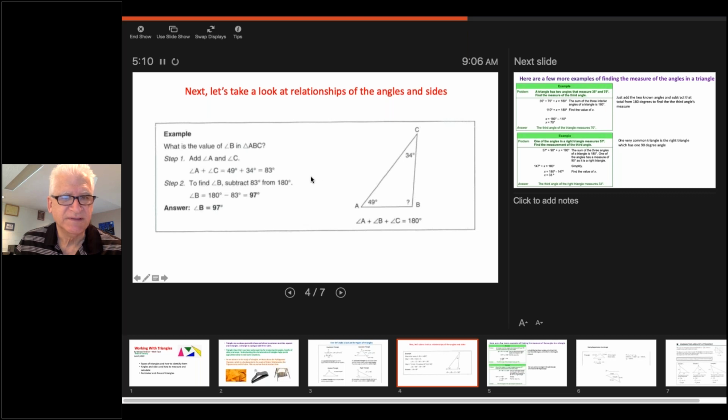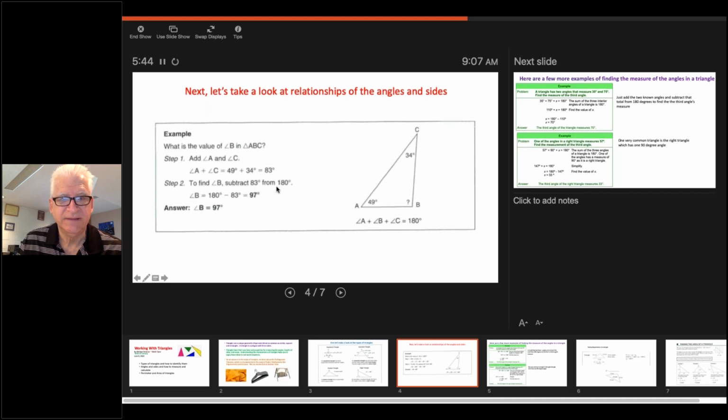One of the given facts of geometry is that the three angles of a triangle all add up to 180 degrees. So in this case, if we want to find the measure of angle B, we can do that by adding angle A and angle C. So if you add 49 and 34, we come up with 83.